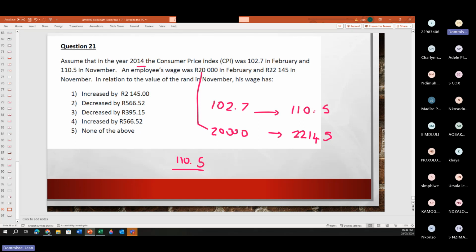I would have said 110.5 divided by 102.7 times 20,000. That should be the value of his wage in November.